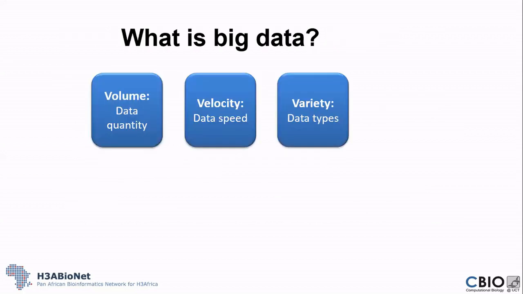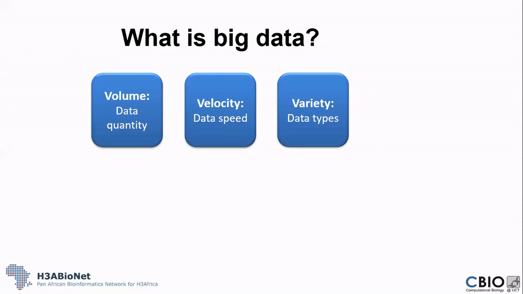So for those of you who don't know, what is big data in the first place? Well, it's usually classified by the 3 V's: volume, velocity, and variety. So volume is how much data is coming at any one time. For life sciences, it sounds huge to us, but it's not as big as, say, the rate at which astronomy data is being collected, or some other data types.